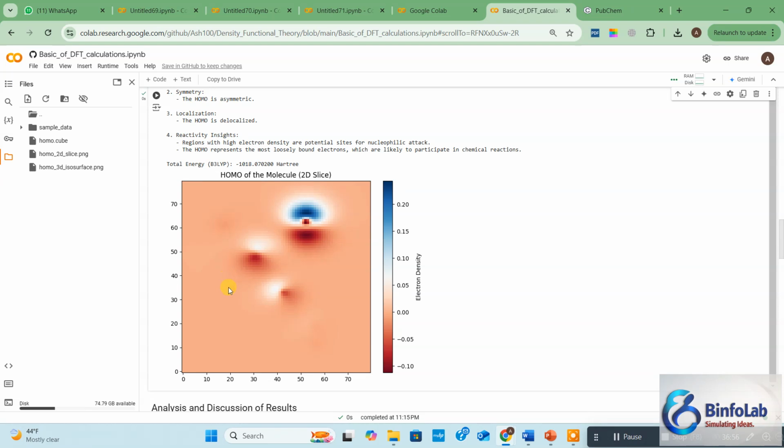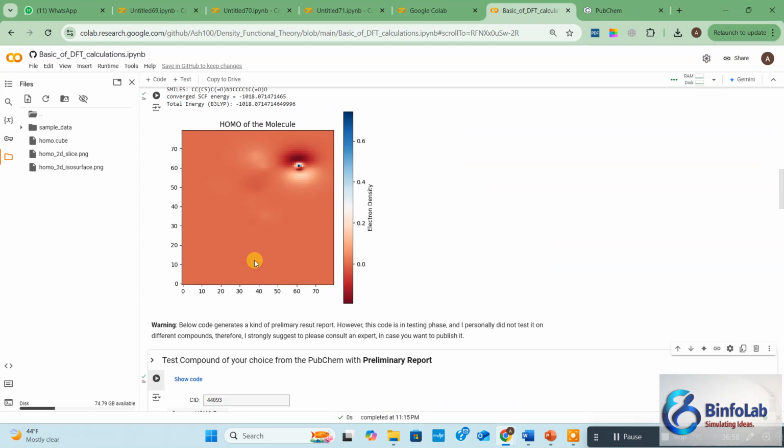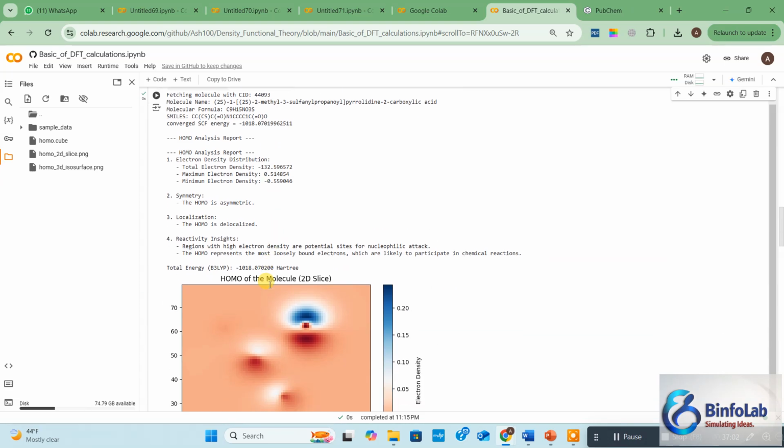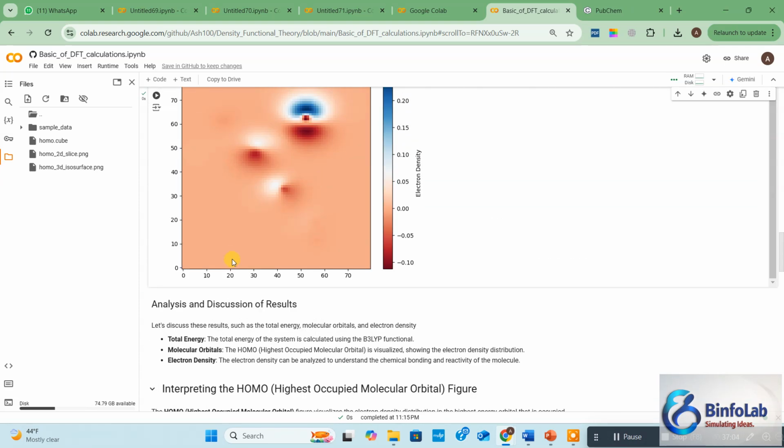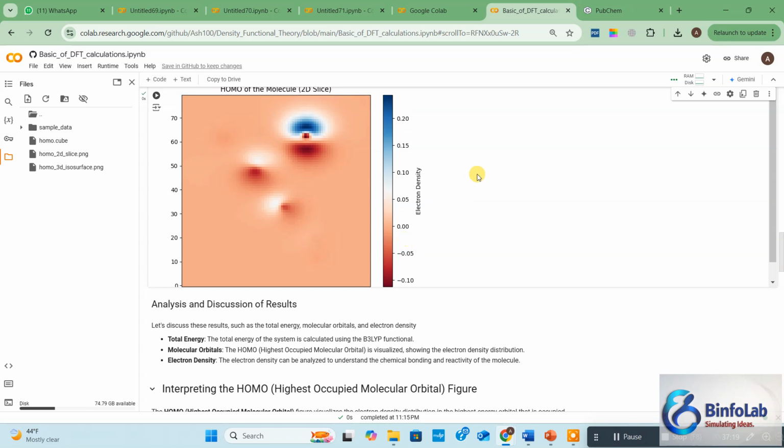So I cannot take the guarantee of the report. Now you can see this code somehow failed, but this code generates a very good interpretation. Also, it will generate another thing. We have to wait. It will also generate a kind of 3D surface image.